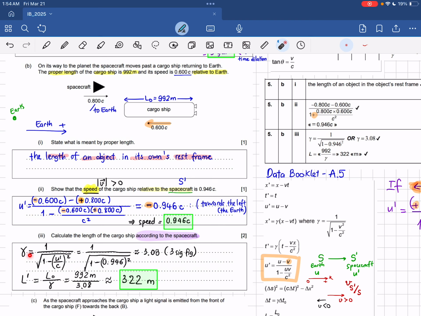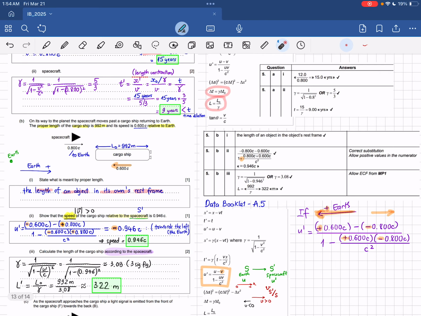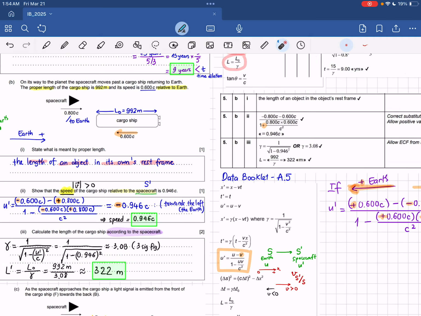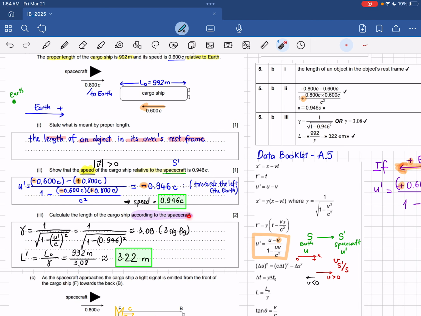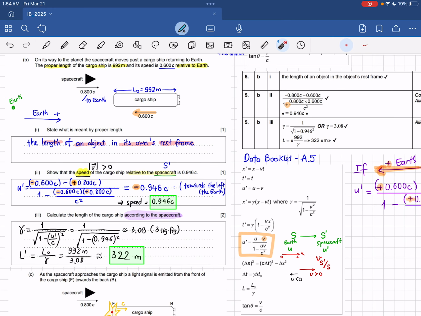So then we need to find another gamma. Just to remind you, we previously found another gamma in question A, but that gamma was between the spacecraft and the Earth, okay? Here it is between the spacecraft and the cargo ship. So here we need to see how fast the spacecraft is moving relative to the cargo ship, right?